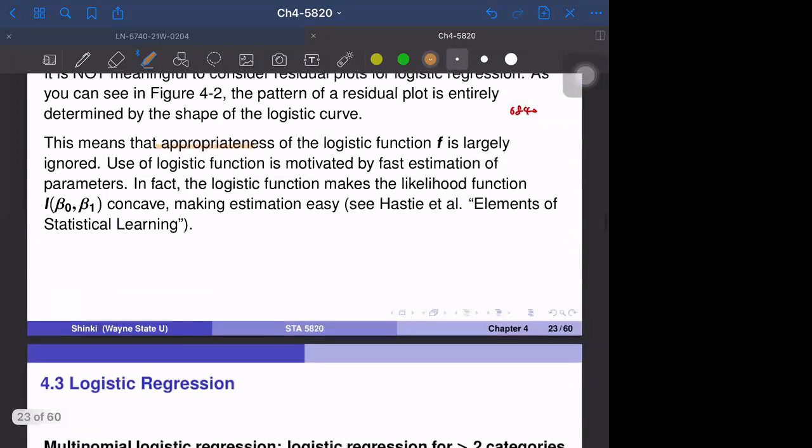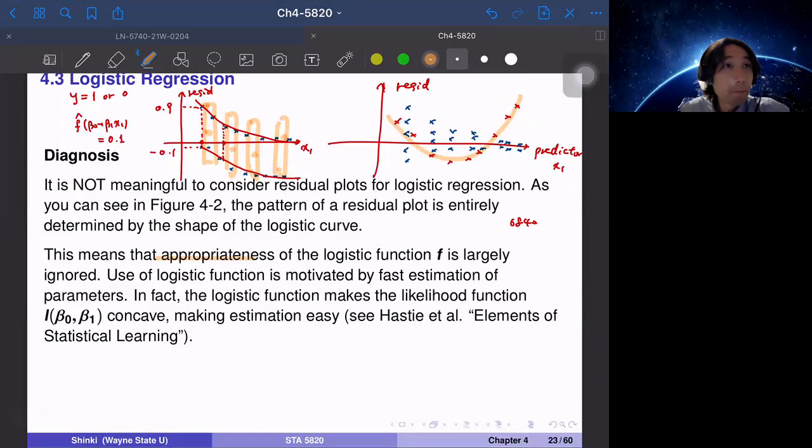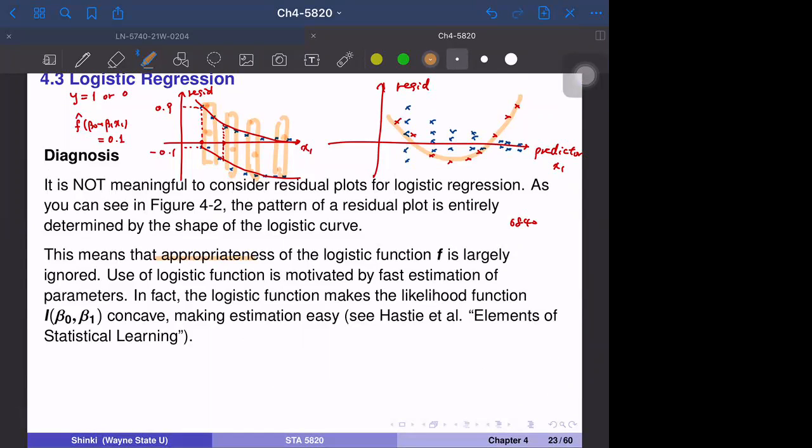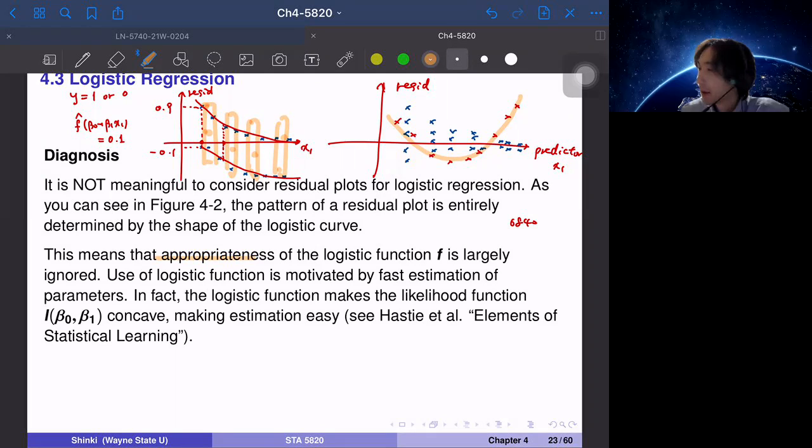Professor, I have another question. I think this is not quite true, because we have rho square, and rho square is an index of appropriateness, of goodness of fit, for this model. I'm not sure that we ignore the logistic function's appropriateness. Do you mean a chi-square type test for the appropriateness of the logistic function?